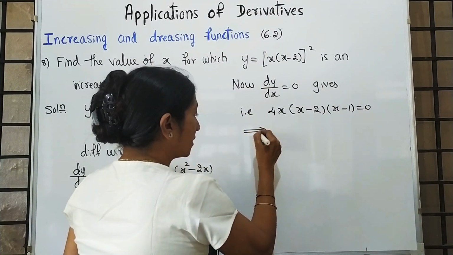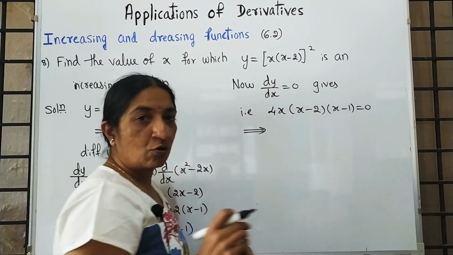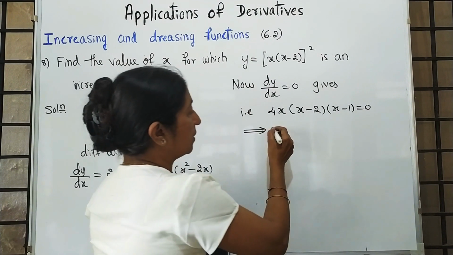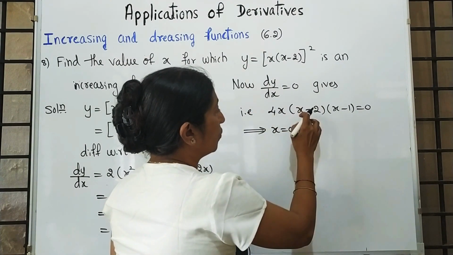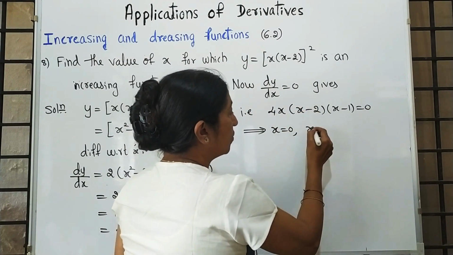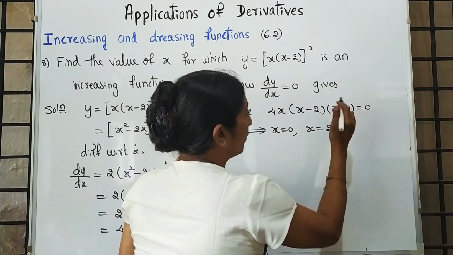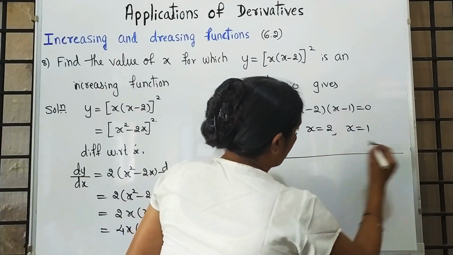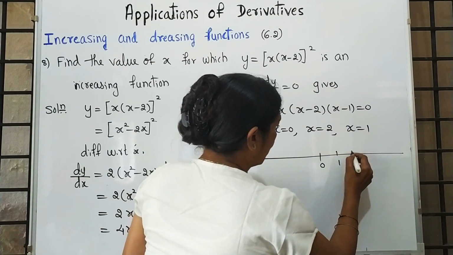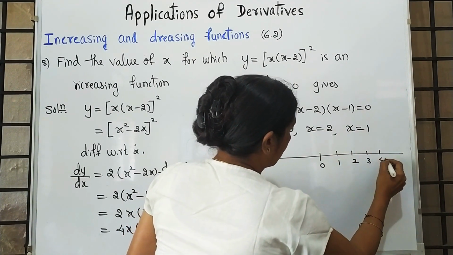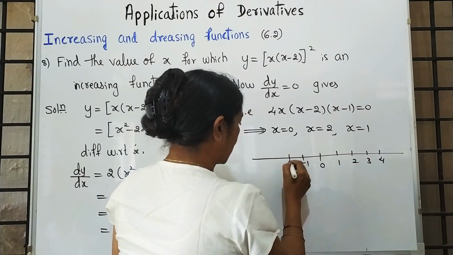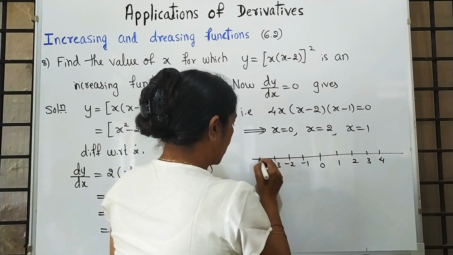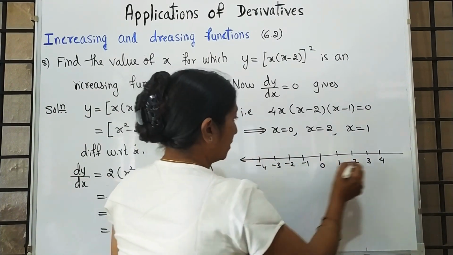This implies when you take 4 on that side, 0 by 4 is 0. This implies x is equal to 0. When you equate this with 0, x is equal to 2. When you equate this with 0, x is equal to 1. If you mark this on the number line, that gives you where it is increasing and where it is decreasing.